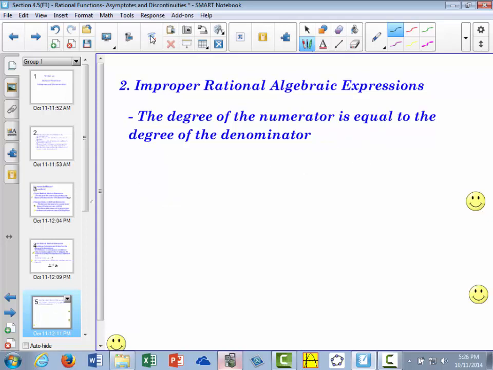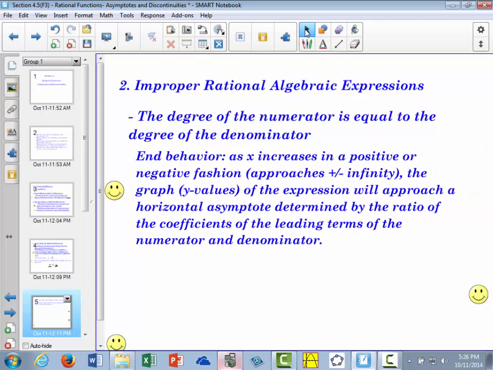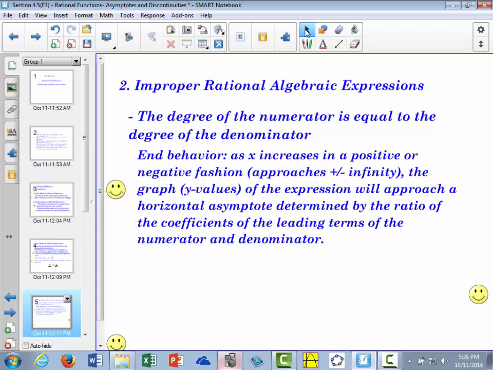So what we're going to say here is that in this case, as x increases in a positive or negative fashion, approaches plus or minus infinity, the graph of the expression will approach a horizontal asymptote determined by the ratio of the coefficients of the leading terms of the numerator and denominator.